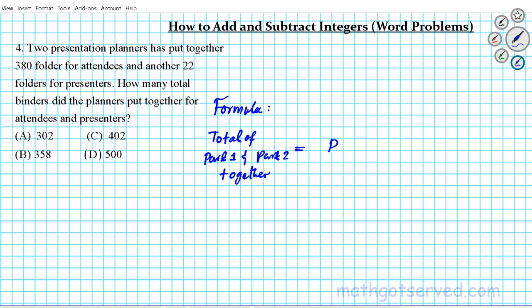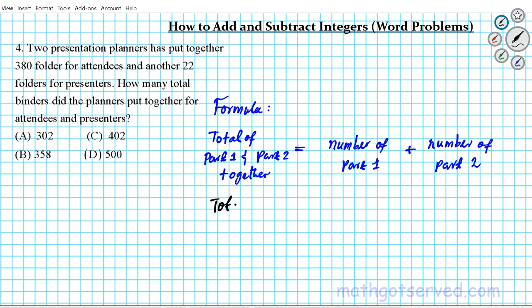So it's going to be number of part 1 plus, the operation here is plus, number of part 2. That's exactly what we're going to be doing here. Okay, so let's adapt it to this problem.